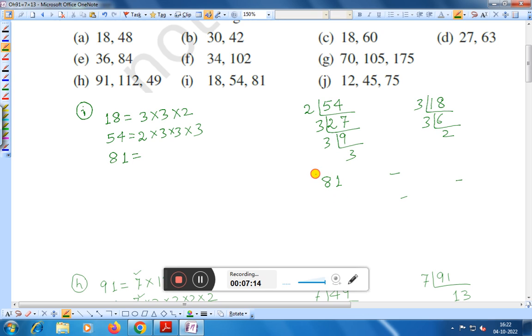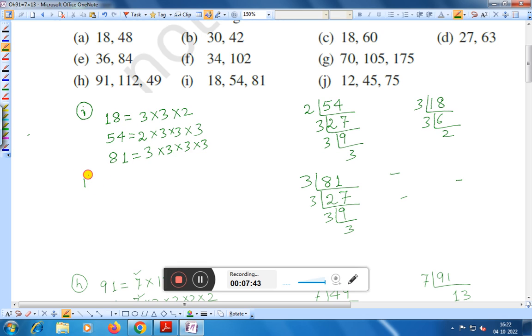And 81: we divide it by 3, which gives 27, then 9. Therefore, we can write it as 3 into 3 into 3 into 3.